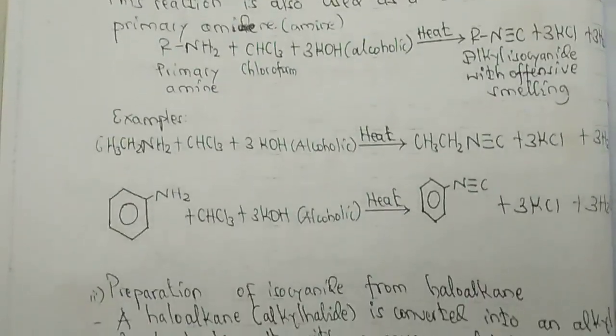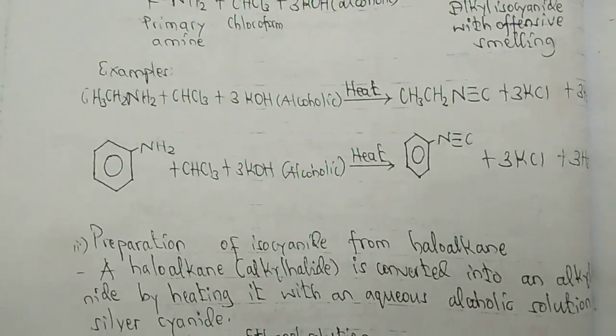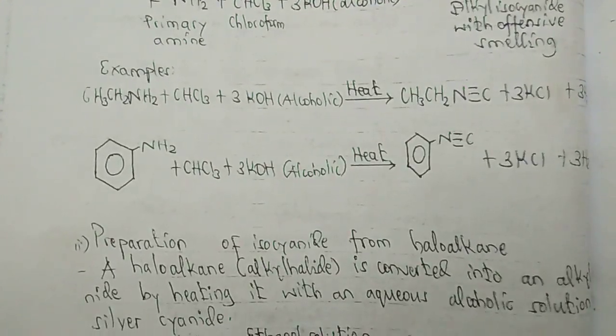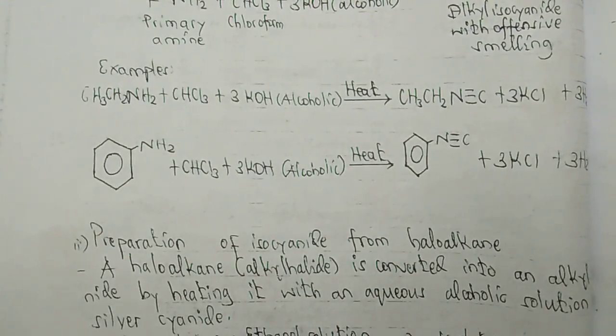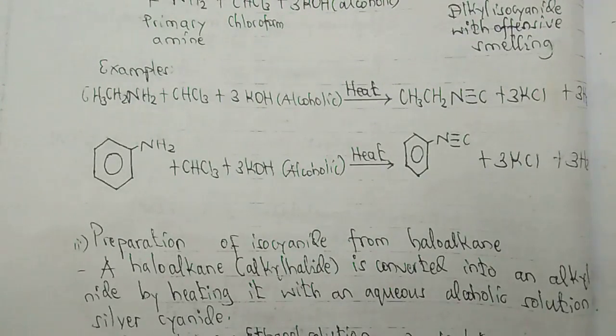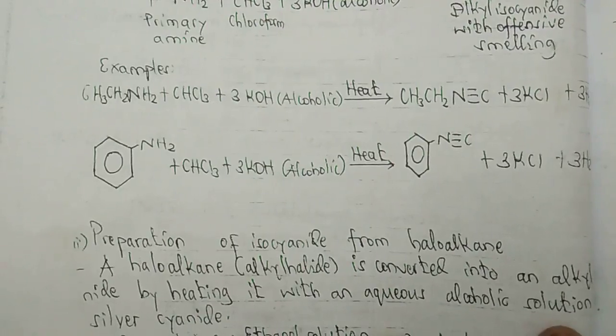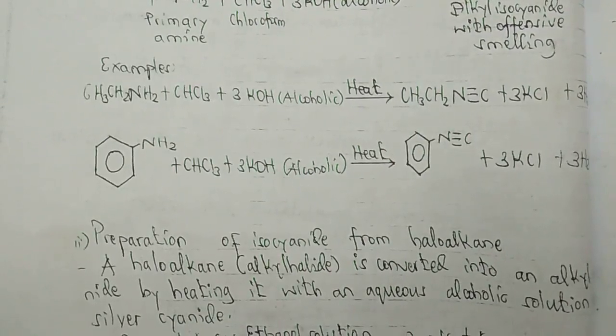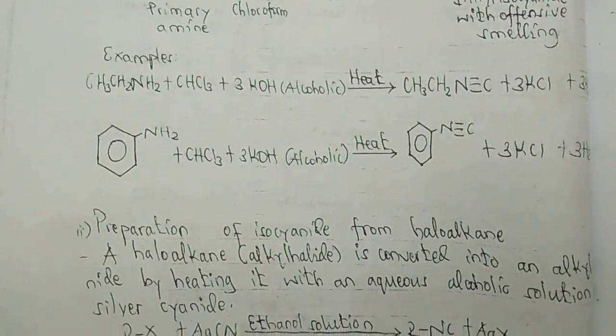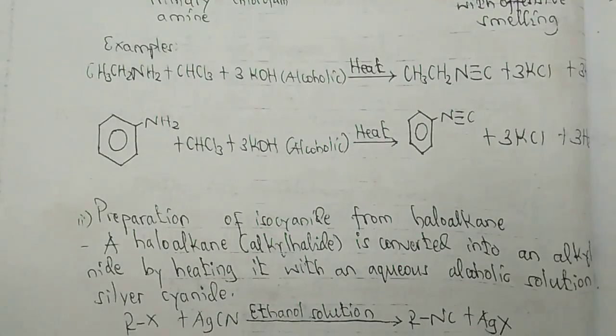smell. Preparation of isocyanide from haloalkane. A haloalkane or alkyl halide is converted into alkyl isocyanide by heating it with the aqueous alcoholic solution of silver cyanide.